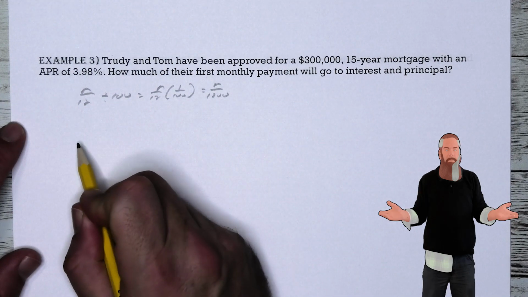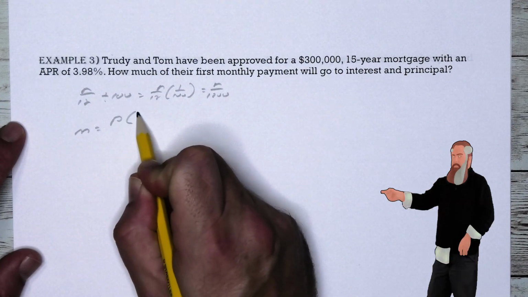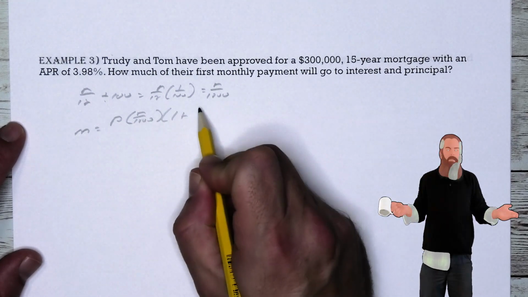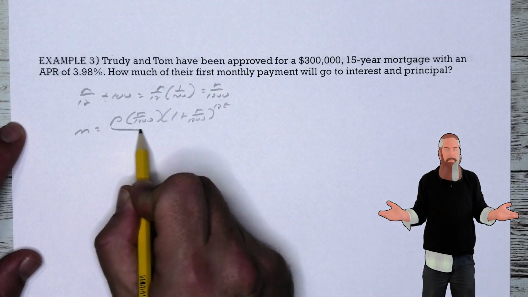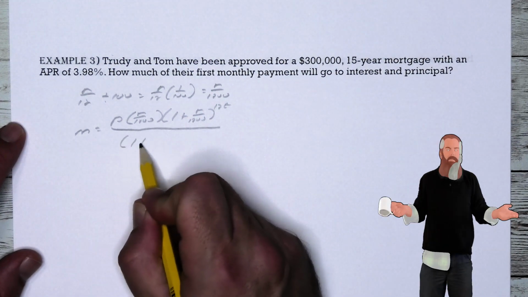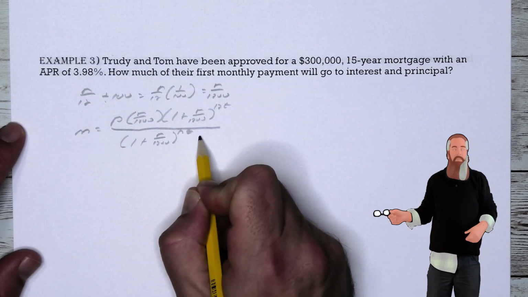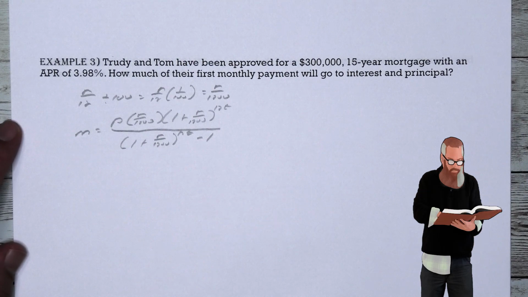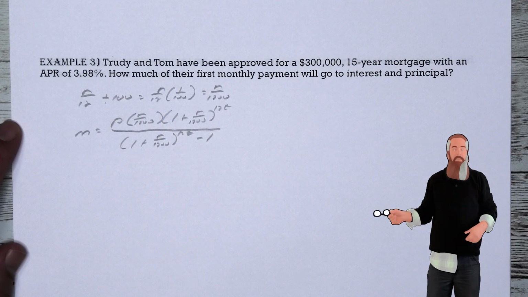This means our new monthly payment formula would be M is equal to P times R over 1200 times (1 plus R over 1200) to the 12t power, all divided by (1 plus R over 1200) to the 12t power minus 1, where M is the monthly payment, P is principal, R is the interest rate expressed as a percent, and T is the length of the loan.